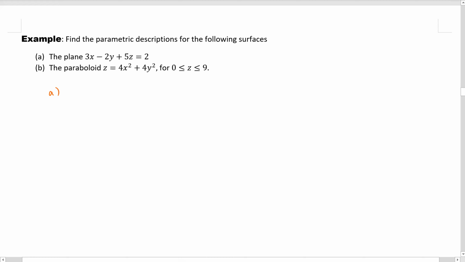So let's express z in terms of x and y. Well, we move the 3x to the other side, it becomes minus 3x. We move the 2y to the other side, it becomes plus 2y. And then we divide by 5. Now we can let u be x, v be y, and then z is going to be 2 minus 3u plus 2v over 5.